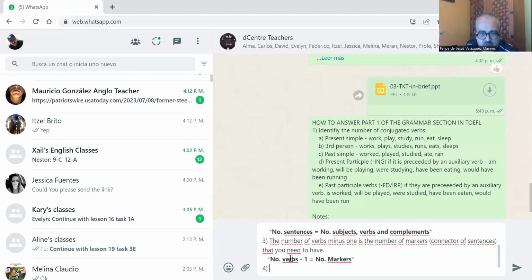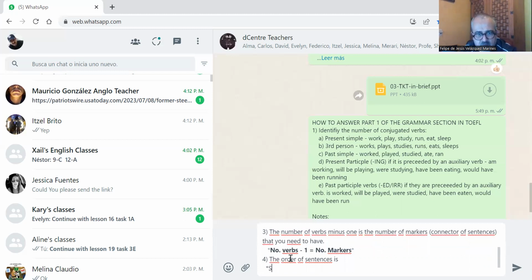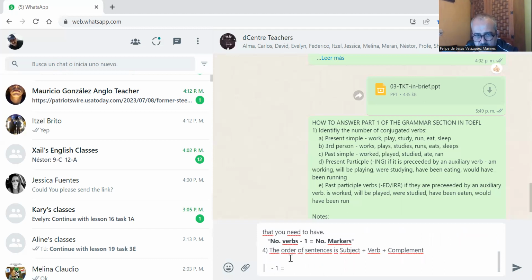Another thing that you need to know is the order of sentences is subject plus verb plus complement. Yes? In other words, subject plus verb plus complement.